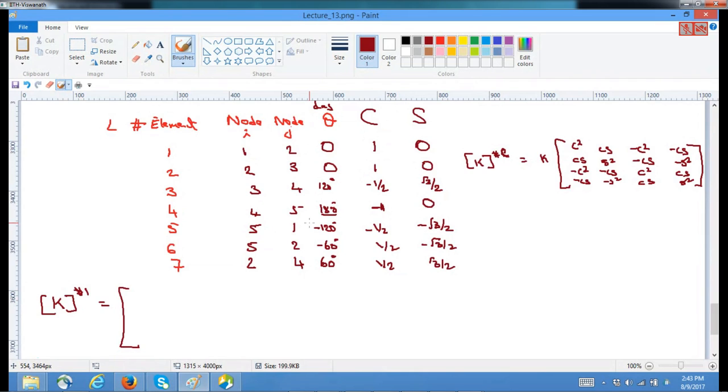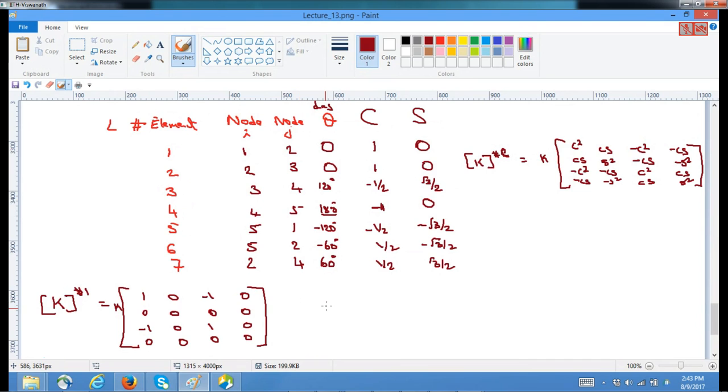Correspondingly, I can write this as small k times 1, 0, minus 1, 0, 0, 0, 0, 0, minus 1, 0, plus 1, 0, 0. This is for the first element.